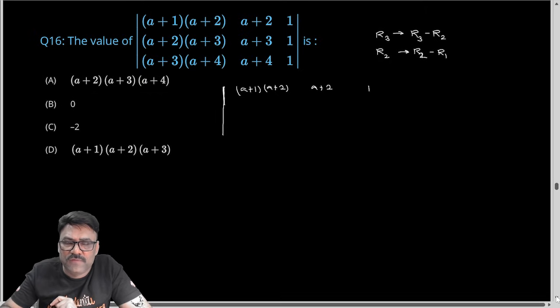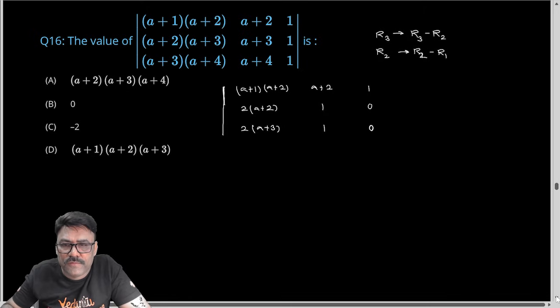Now second minus first: a plus 2 taken common, so you will get 2 times a plus 2 here. You will get 1 here, you will get 0 here. Third minus second, you will get 2 times a plus 3 here, 1 here, 0 here. Now it's easy, just expand through the third column, because in the third column I have 2 zeros.